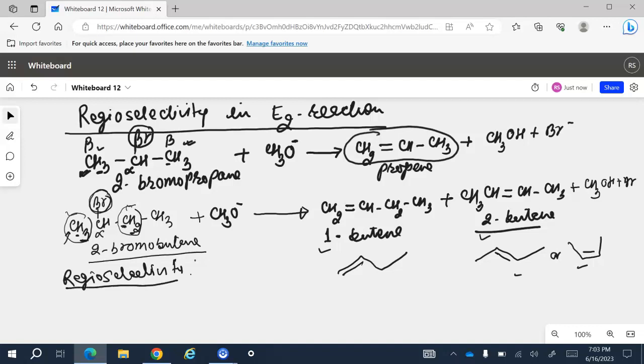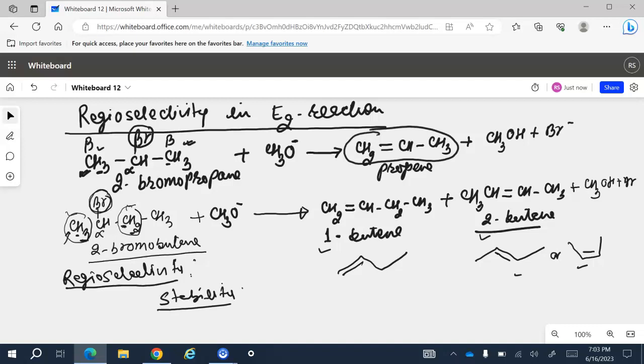Now, to discuss this, we need to understand the stability of the alkene. Again, nature is lazy, so it will try to form the product which is more stable.